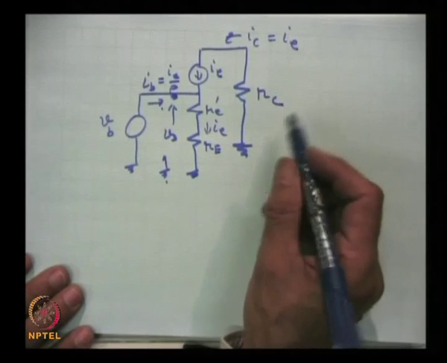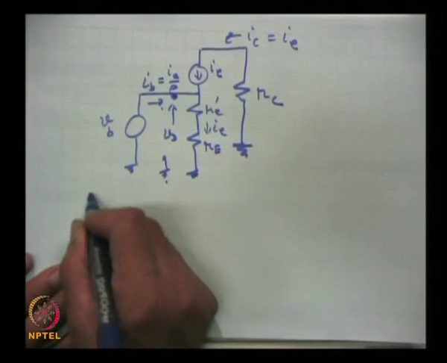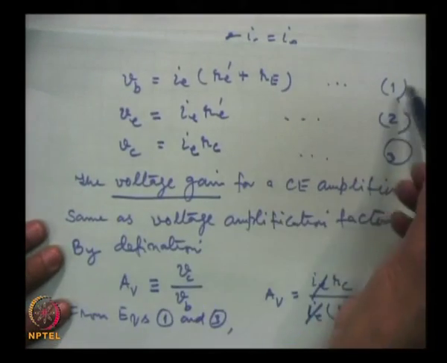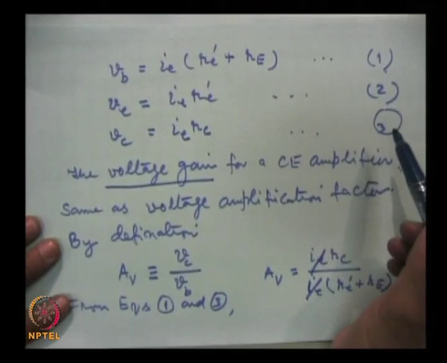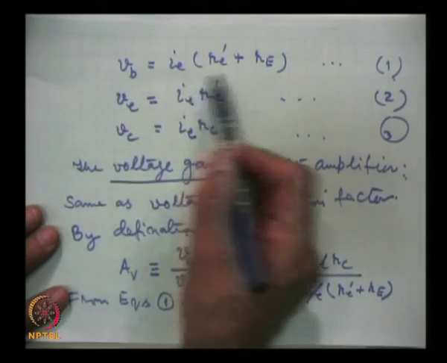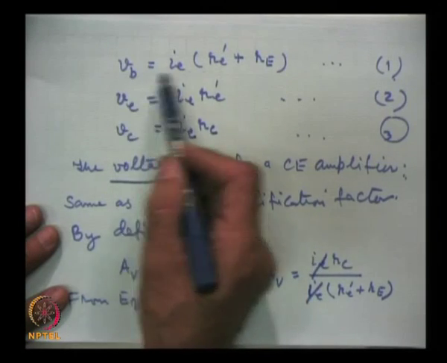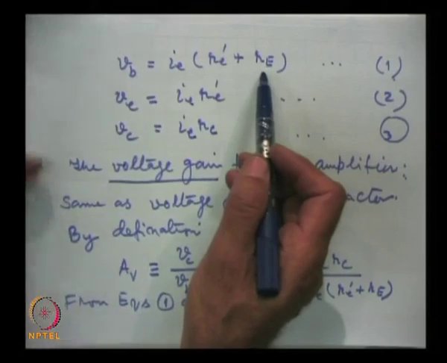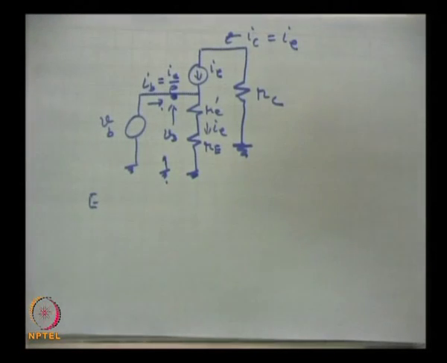Now, earlier we have derived, you will recall, equation 1 for example. These 3 equations I said that we will be using in future analysis also. So, these are the 3 voltages. Now, we are using I B equal to I E, R E prime plus effective value of ammeter resistance.